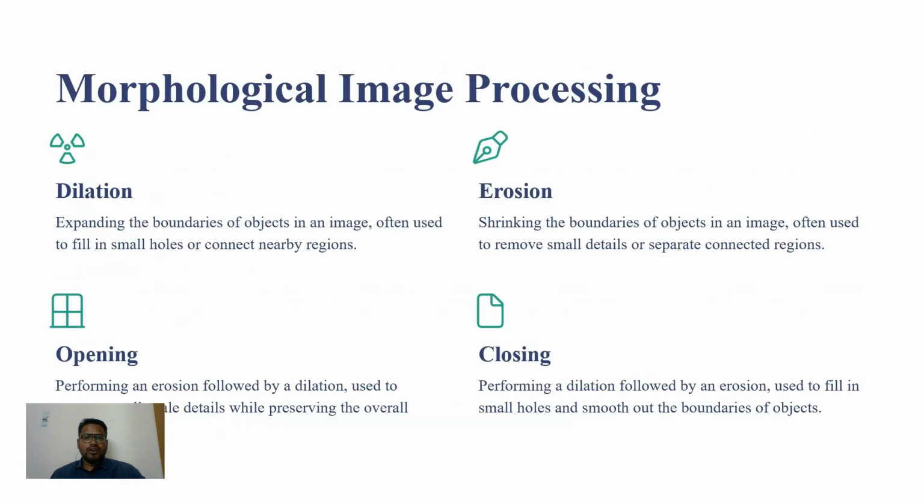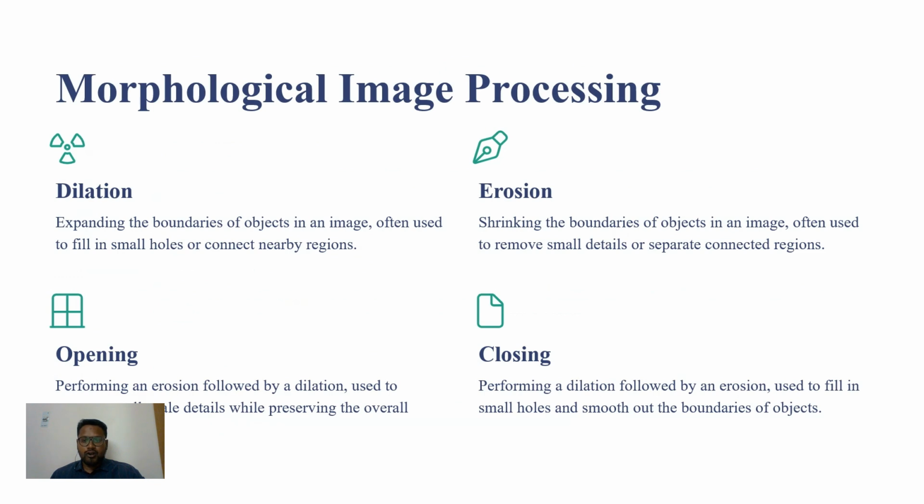Next is morphological image processing. This slide will discuss morphological operations, which are based on shape. After the segmentation, in the frequency domain or spatial domain, we work on the overall image shape with dilation, erosion, opening, and closing.